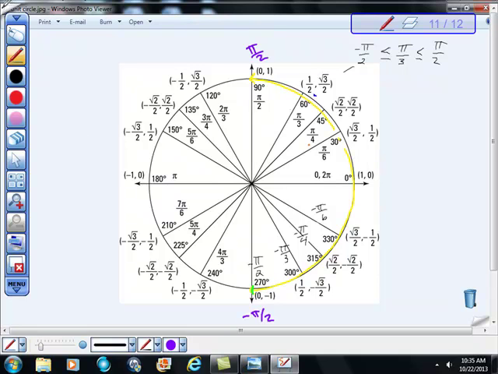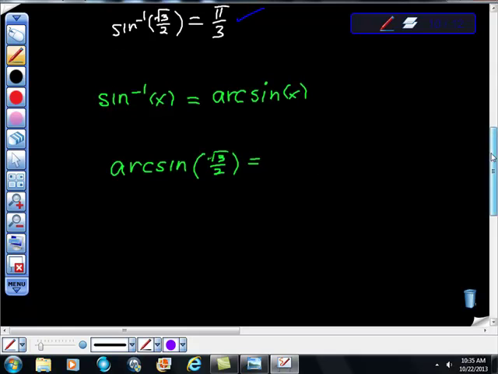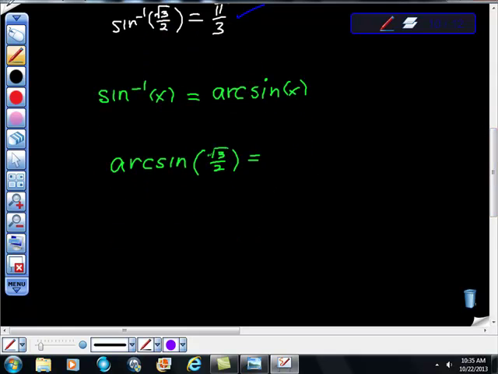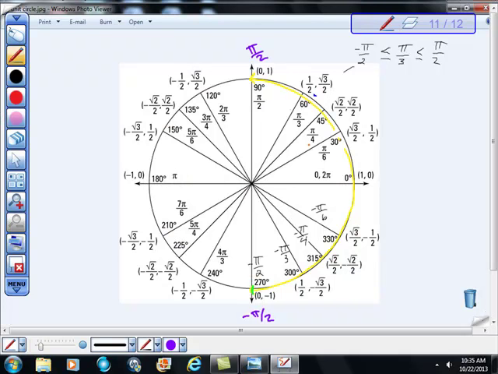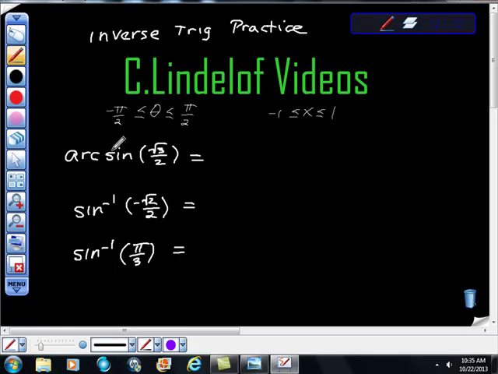So look, let's try one here. What about this? Arc sine of square root 3 over 2. Here's our square root 3 over 2. Square root 3 over 2 is greater than negative 1, yes or no?